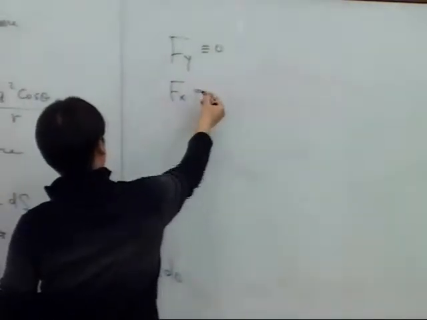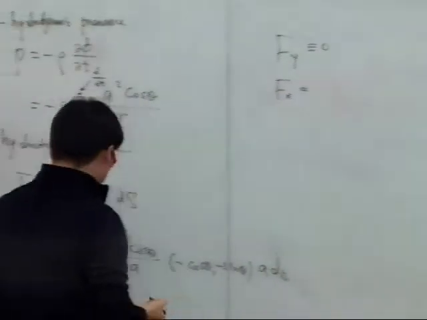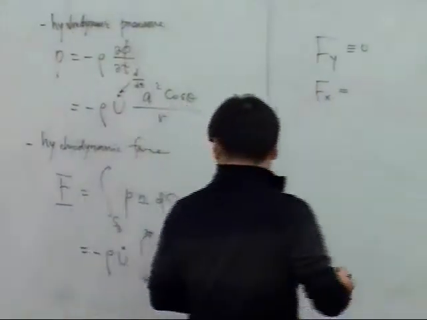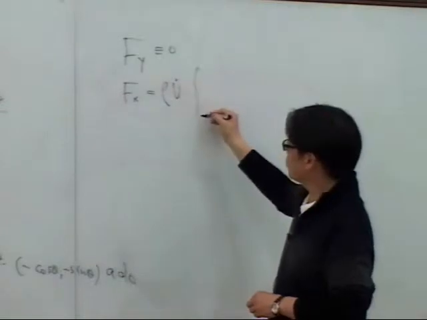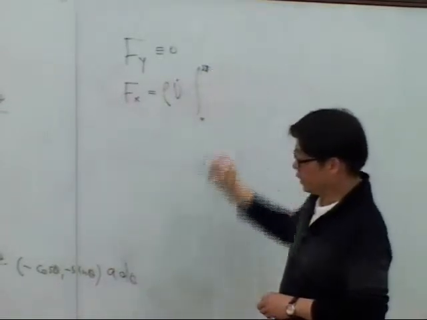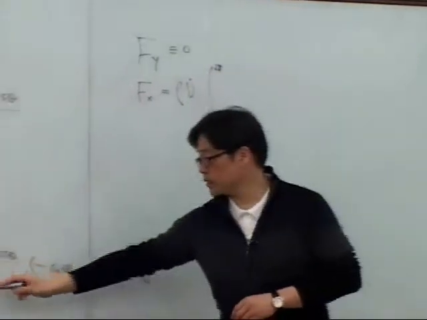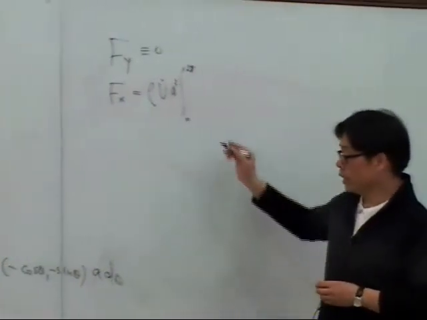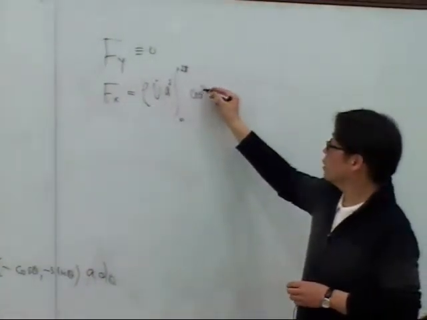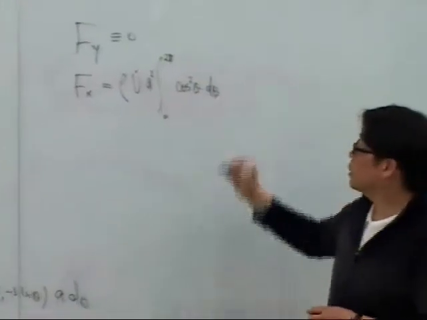The x component of the hydrodynamic force is rho u dot integrated from 0 to 2 pi, and then I cancel this out, so I pull out the radius a squared, and then I have cosine squared theta d theta.